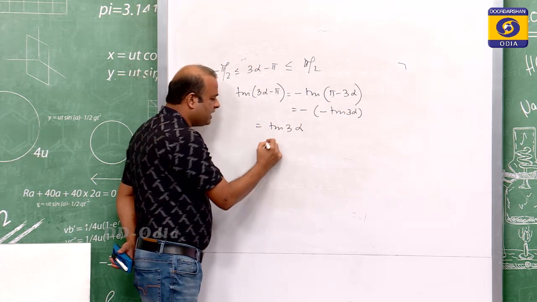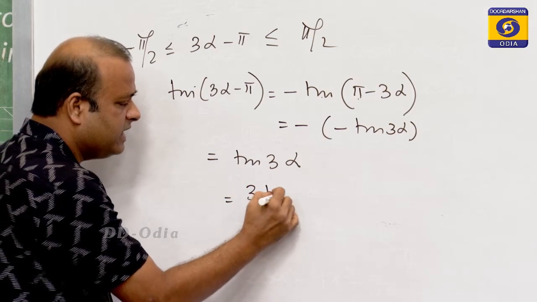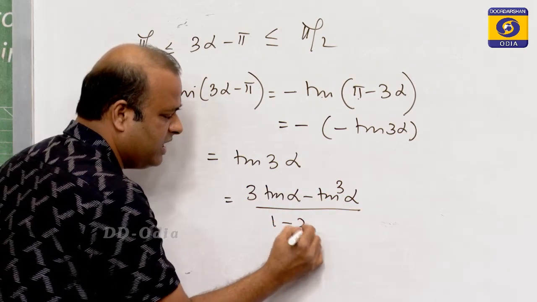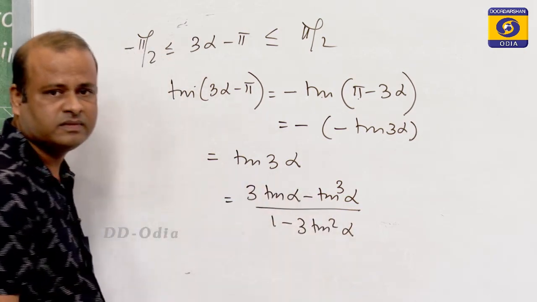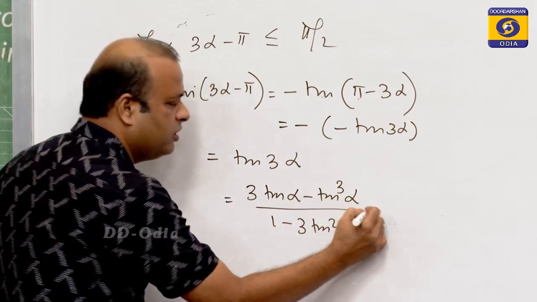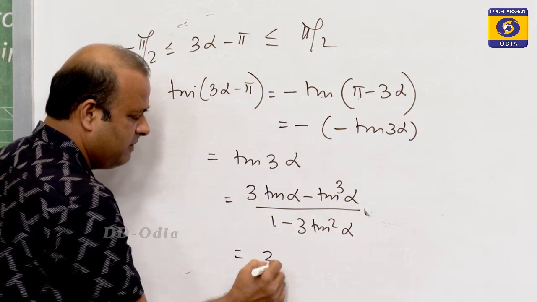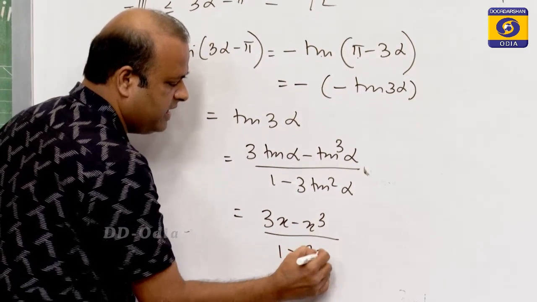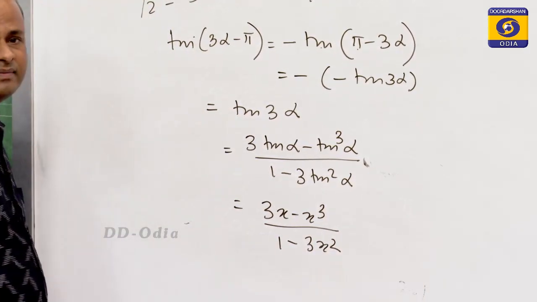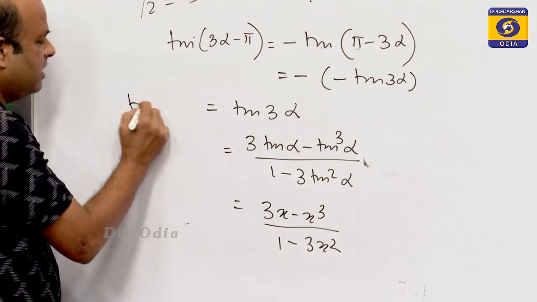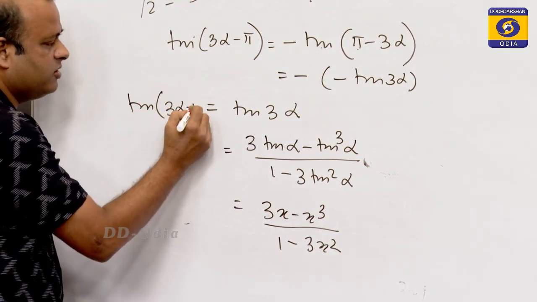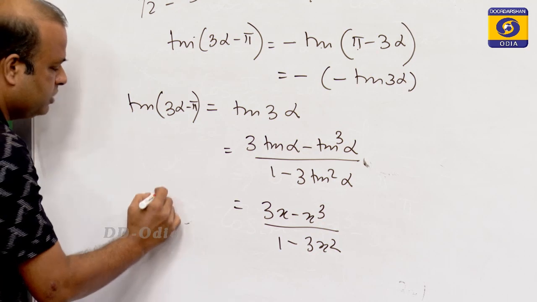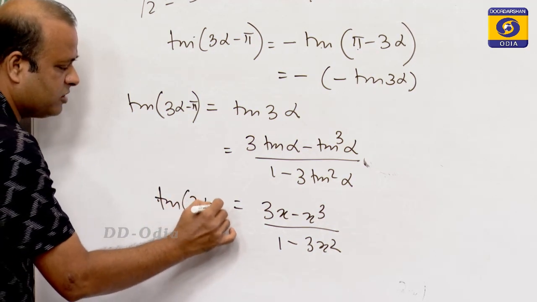Now use the formula, tan 3 alpha is 3 tan alpha minus tan cube alpha by 1 minus 3 tan square alpha, right. So now this is 3x minus x cube divided by 1 minus 3x square, that is tan of 3 alpha minus pi.